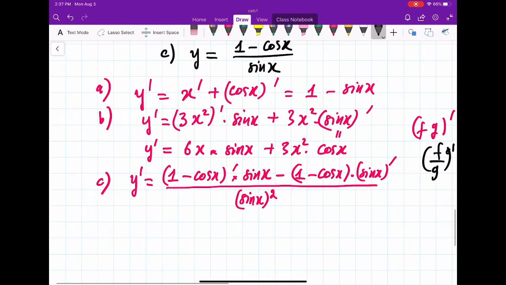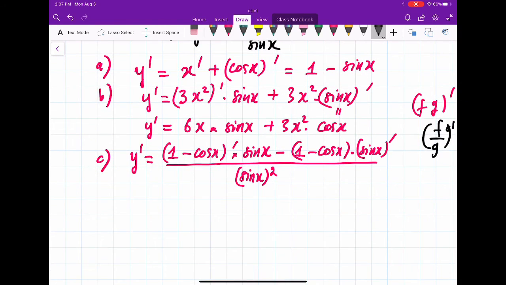So I write 1 minus cosine times derivative of sine, minus 1 minus cosine times sine derivative. You see that? Then 1 derivative is 0. Negative cosine derivative is negative of negative sine, right? Because derivative of cosine is negative sine. I have sine here.